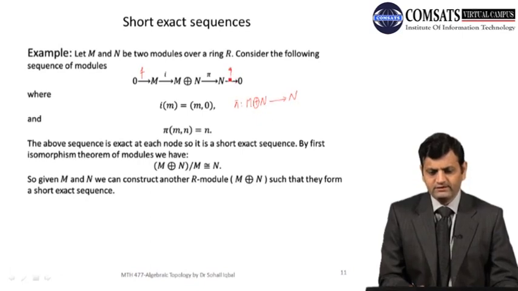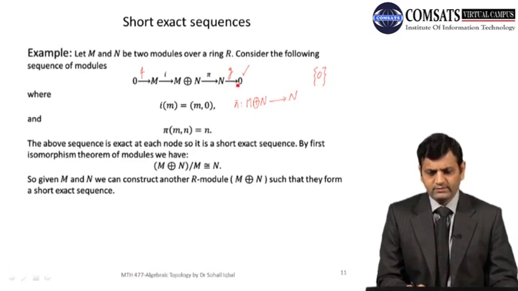And similarly, what is this map g? G takes every element of N to 0, and this 0 is basically the trivial module, but we set our notation that we will always denote this 0 module with this 0.